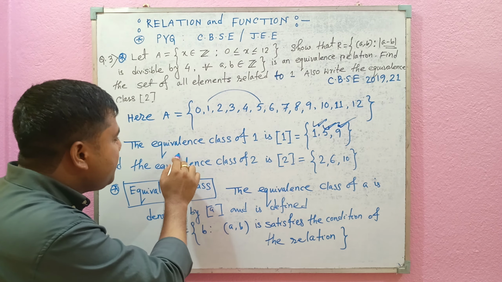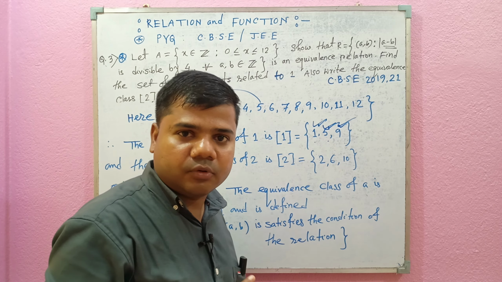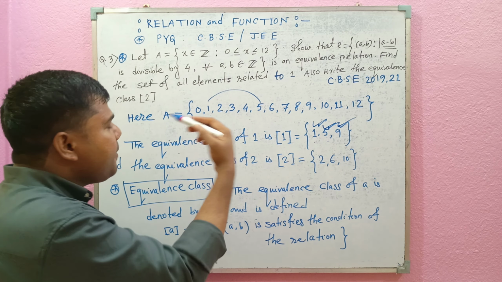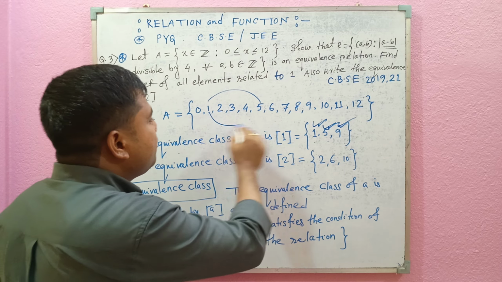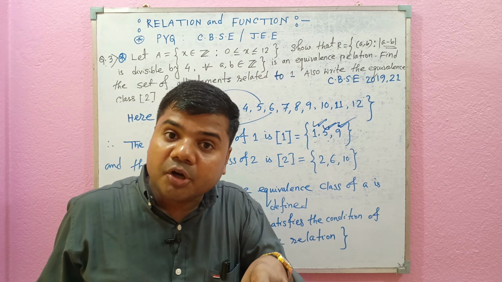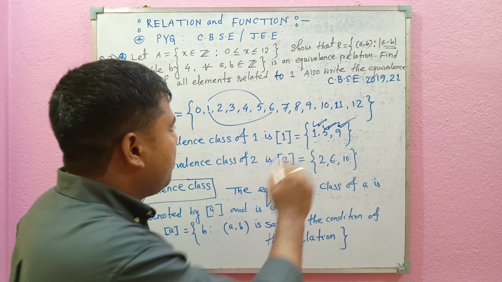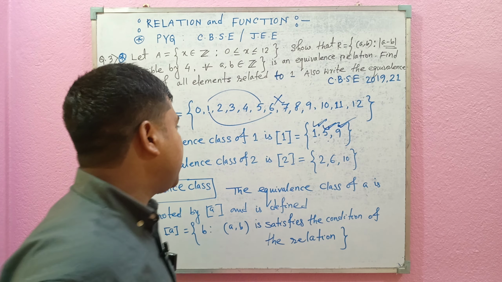Hence, the equivalence class of 1 is equal to {1, 5, 9}. Okay. If we check 1 and 6, then modulus of 1 minus 6 is equal to 5, which is not divisible by 4. So 6 is not in the equivalence class of 1.